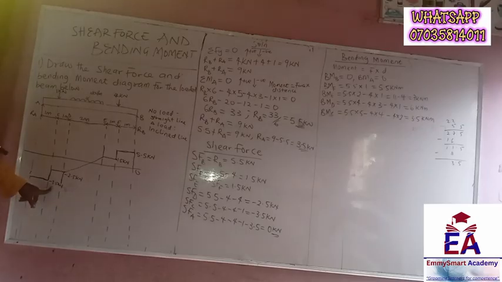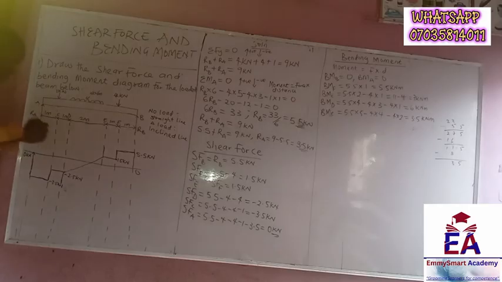Remember now, the reaction at A is what? A 3.5 kilonewton. So if I add 3.5 to this, we're going to have 0. So it now went back to 0 kilonewton. So that's basically the shear force diagram.